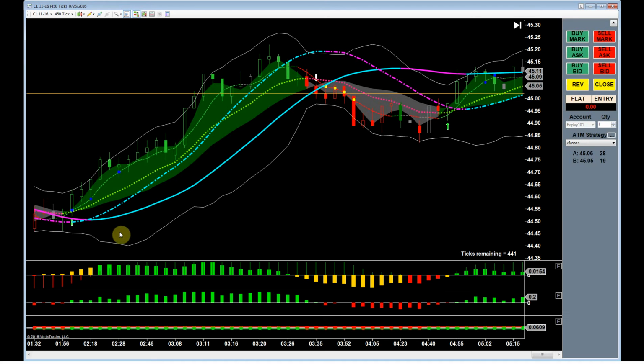Now, this is what's unique about Boomerang also, is that you get exact, crystal clear, very specific entries. And I'll give you the method for the entry and the exit in a second, but you need to understand that.